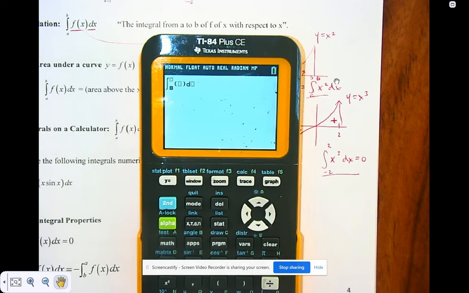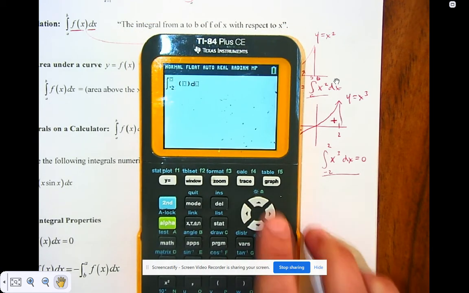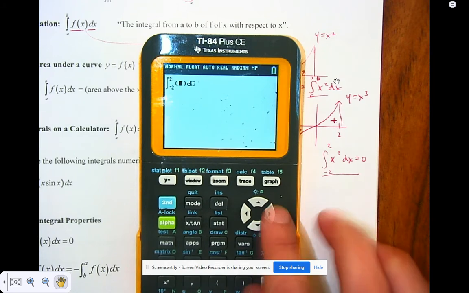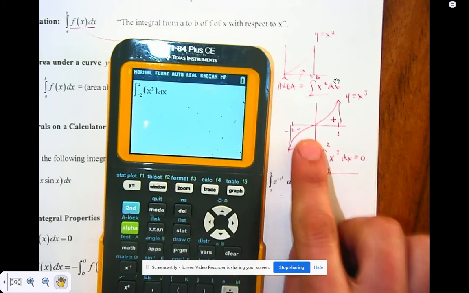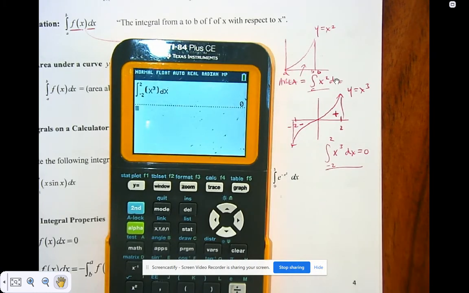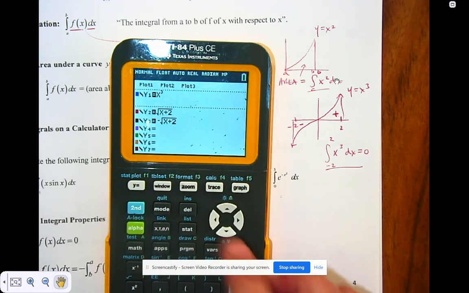You're ready to rock. Let's go -2 to 2 of, what do we say, x cubed? I just made this one up, right, with respect to x. And because we know what that graph looks like and the symmetry involved, when I hit enter, I'm going to get 0. And then let me show you visually. So let's go in here.